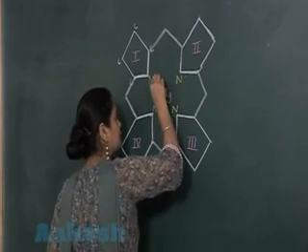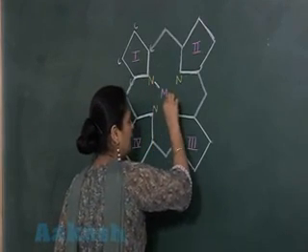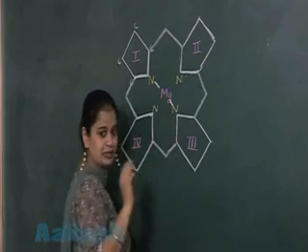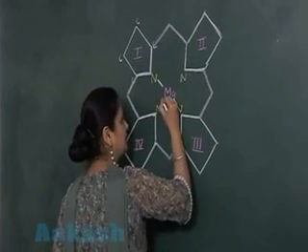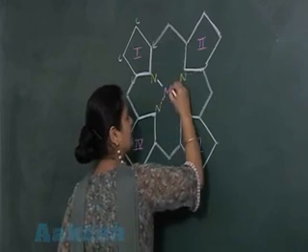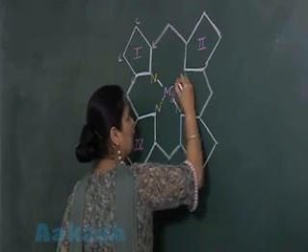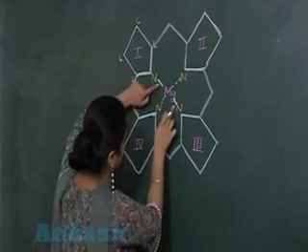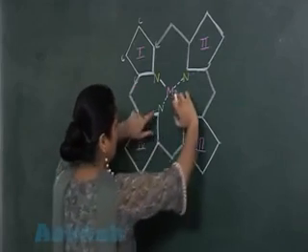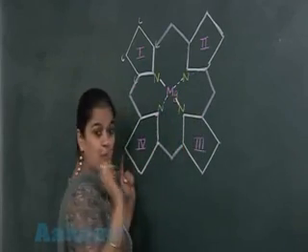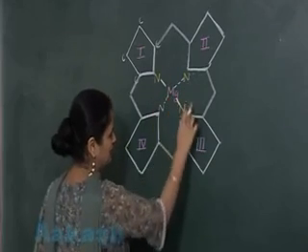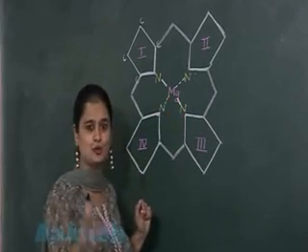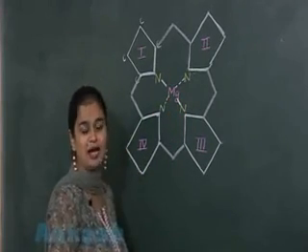With the two nitrogen, it is connected with the help of covalent bond. Yes, दो नाइट्रोजन के साथ connected है with the help of covalent bonds, and with the two nitrogen, it is connected with the help of coordination bonds. तो ये जो दो bonds बनाए हैं, these are covalent, and these bonds are coordination bonds which help in the interaction of the magnesium with the four nitrogens present in the pyrrole rings.